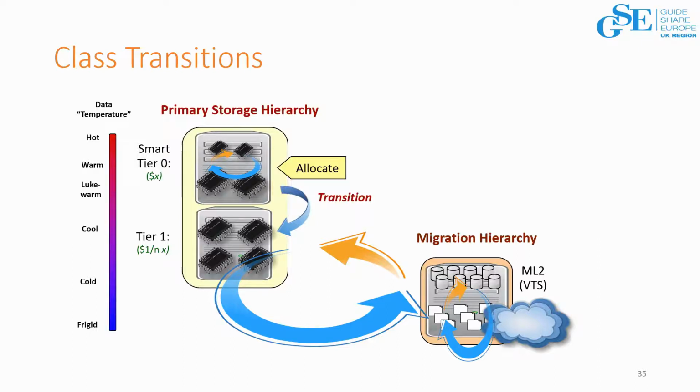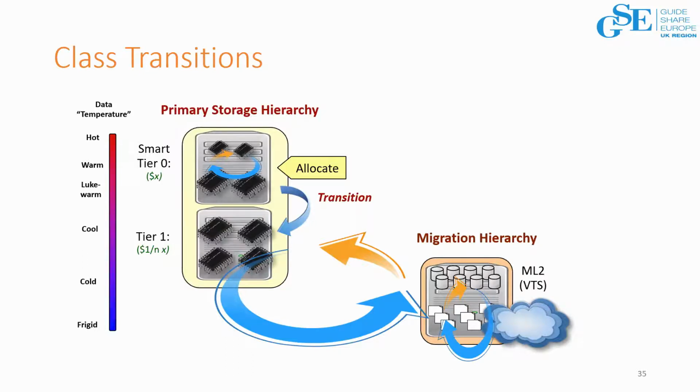And then once the data is cold, HSM can migrate it to the migration hierarchy for archival purposes. So data can be moved to various levels in that migration hierarchy as needed as well. And this type of tiering that's shown on this slide is perfect for data that has decreasing business value.